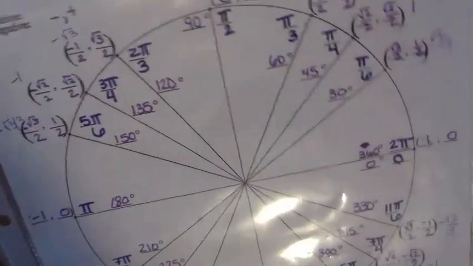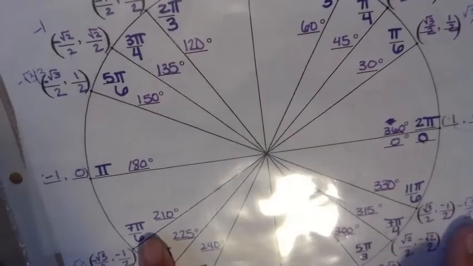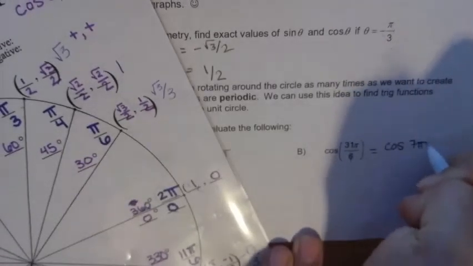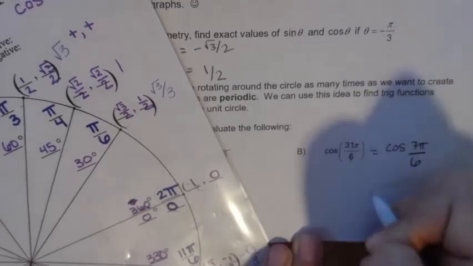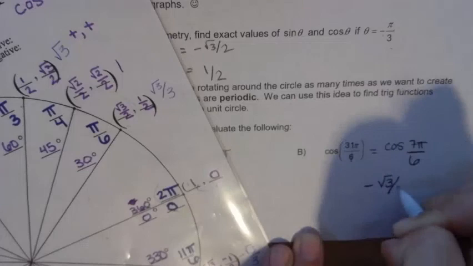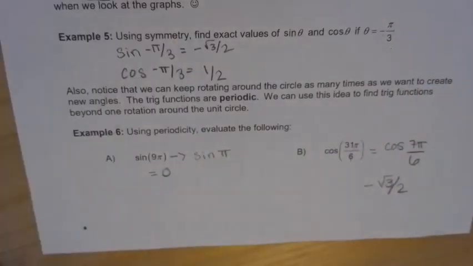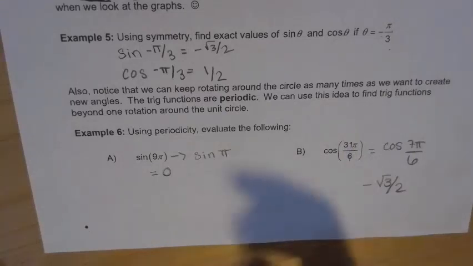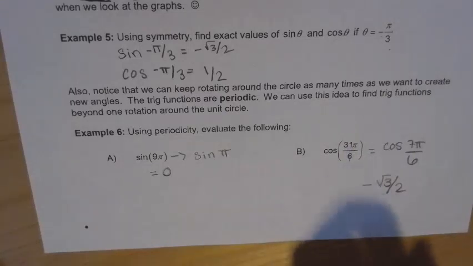So it's the same spot as 7 pi over 6, which in that case is negative square root of 3 over 2. Have fun in trying to find the shortcut. But like I said, try it out, see what you come up with, and call me over.